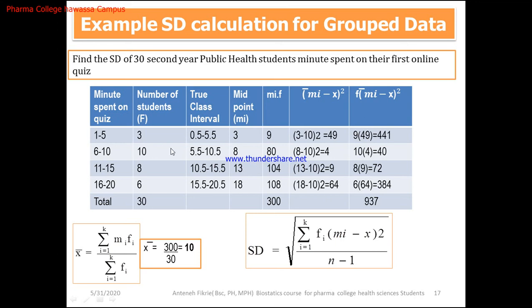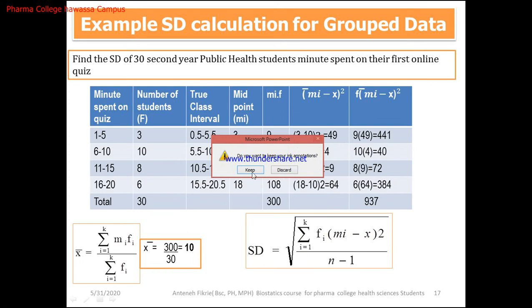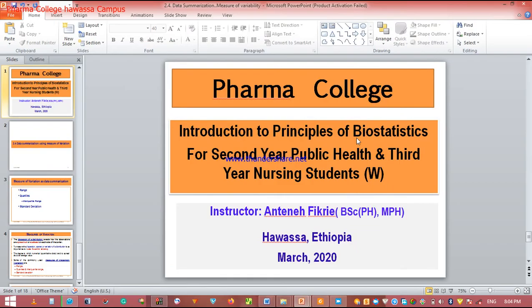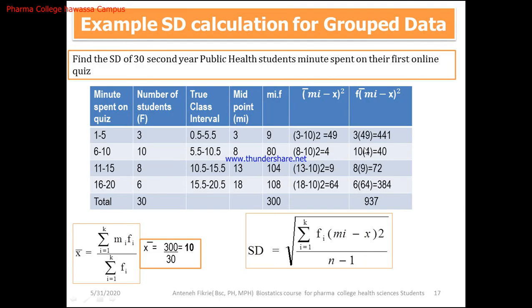When we multiply by the class frequency, we obtain the products. For this class interval the frequency is 3, so 3 times 49 is 147, not 441.